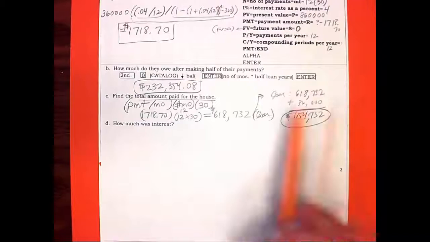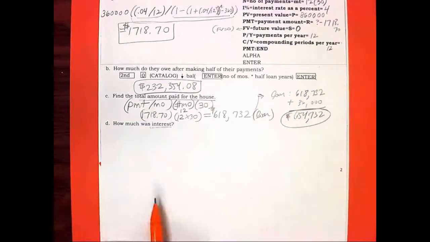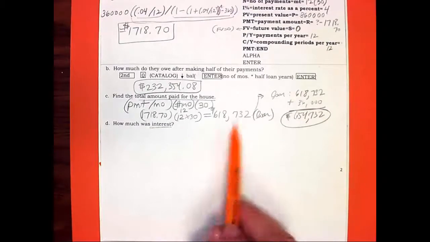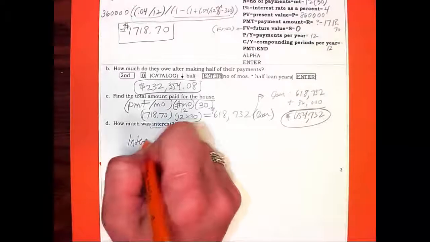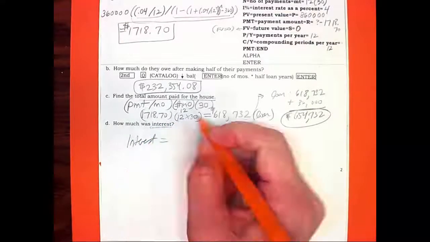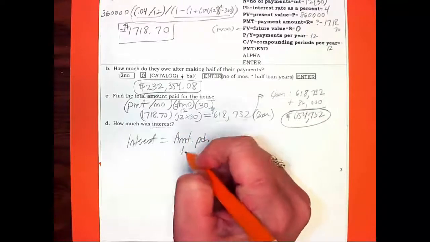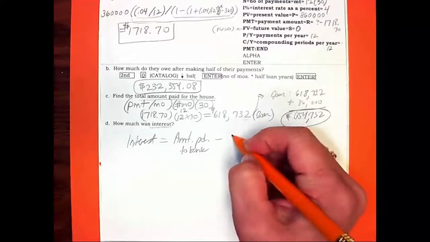Now, however, we don't want to include that $36,000 when we're determining the interest, right? Because the loan amount was $360,000, and this is how much we paid. So to determine the interest, we just want to take how much was paid into the bank minus the present value of the loan.